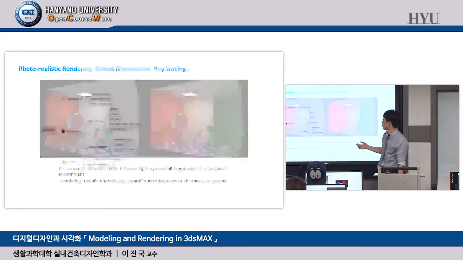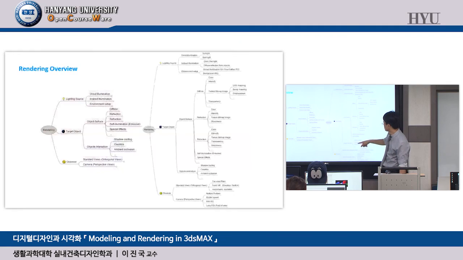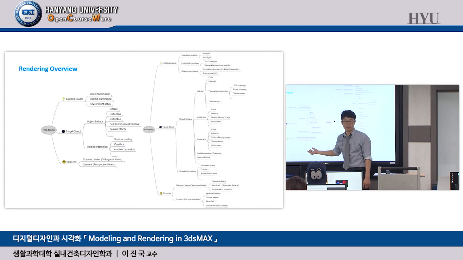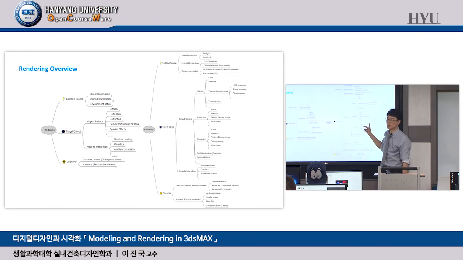How many? Take a look at this one. You have to know those technical keywords for computer rendering. But no worries, not that complicated. Even if it's looking complicated, if you understand the mechanism, nothing.